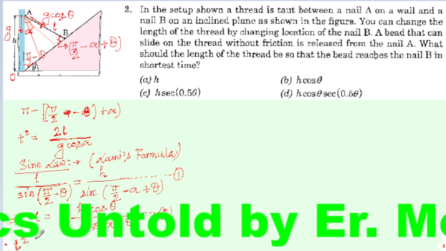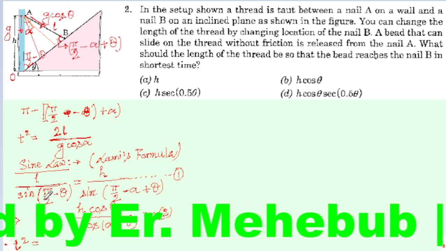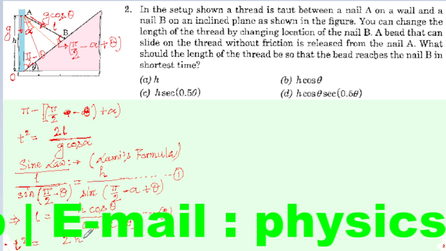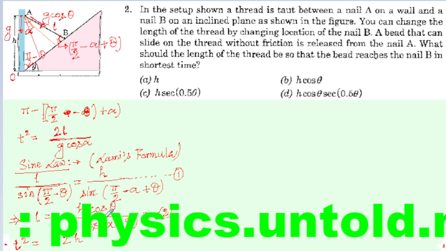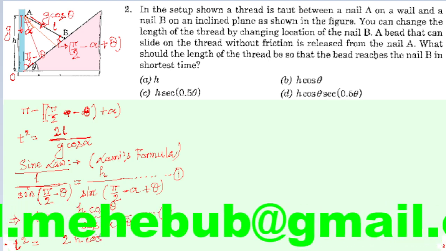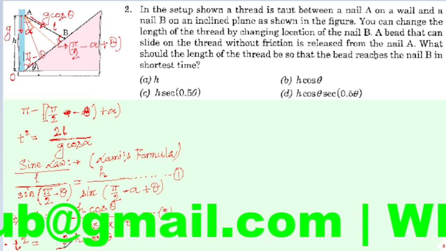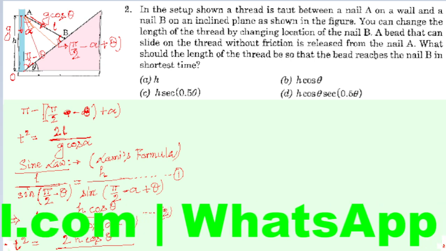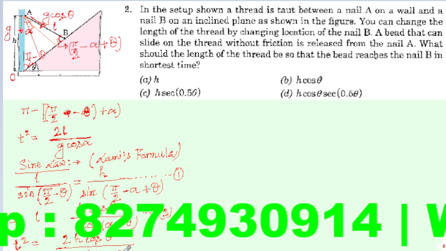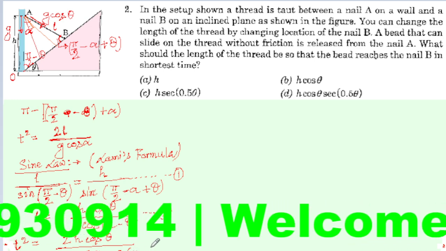Therefore we are getting the square of the time, T square, must be equal to 2 into L over g, but the value of L is equal to h cos theta divided by cos of alpha minus theta.